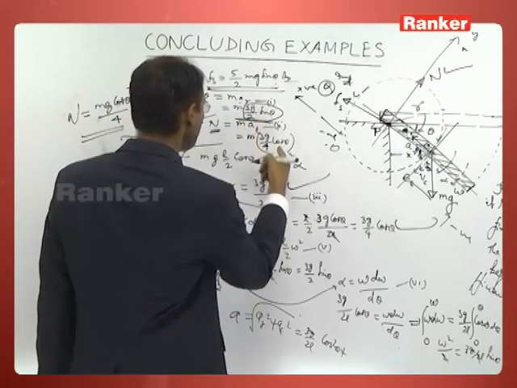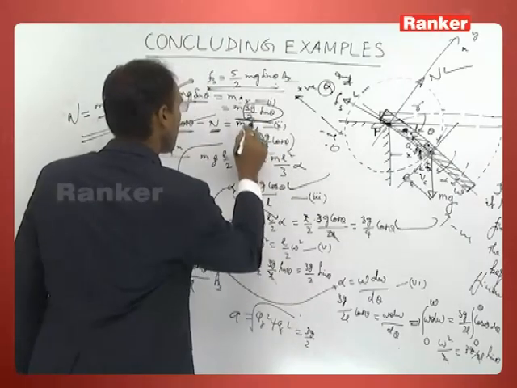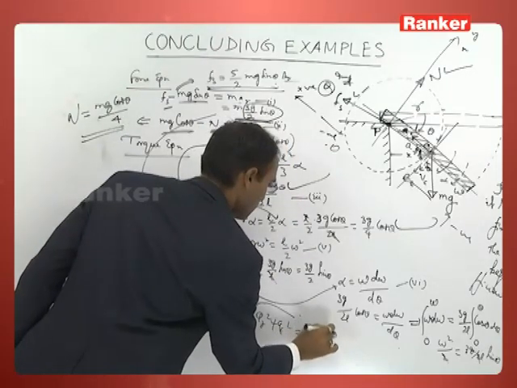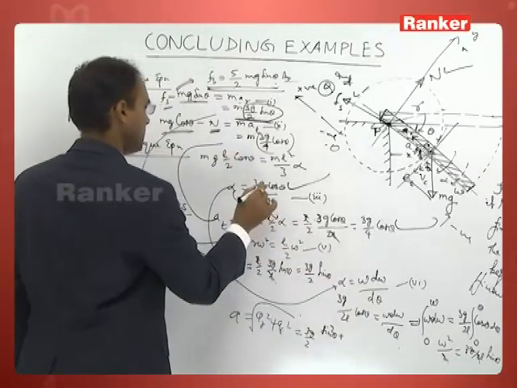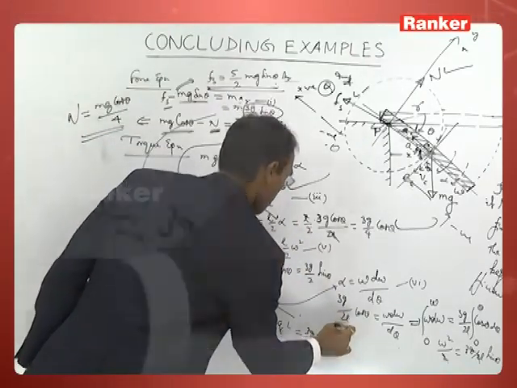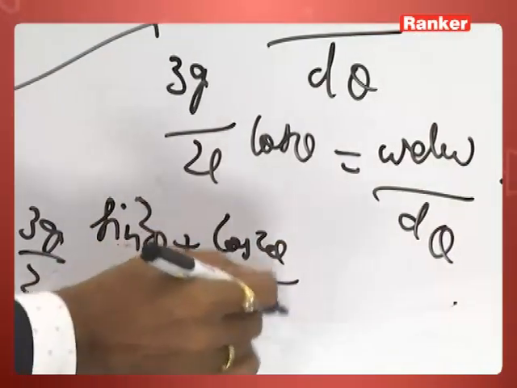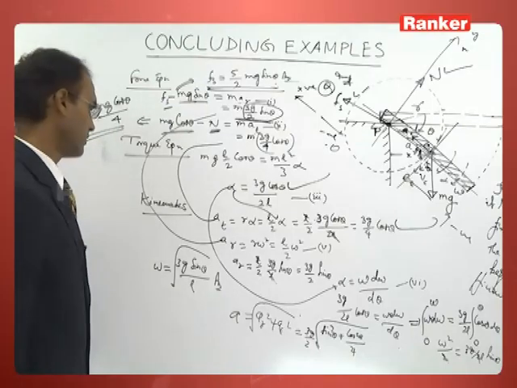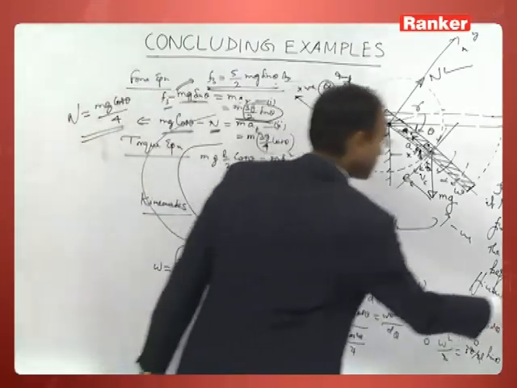Taking 3g by 2 common, you are getting sin square theta plus cos square theta by 4, like that. So you are getting the total acceleration.